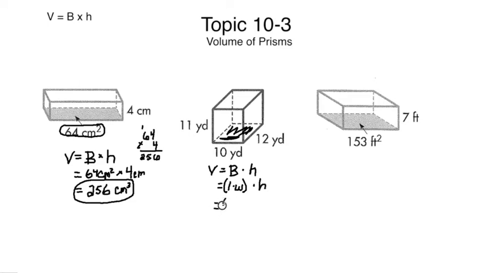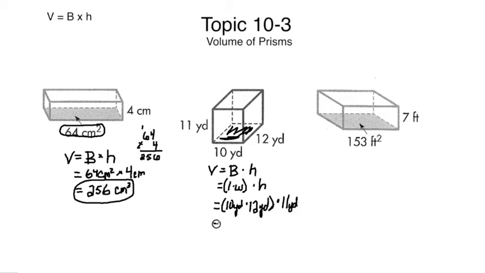So now I'm going to plug in 10 yards. You have to plug that in, times the width, which is 12 yards. Now we're going to plug in the height, which is 11 yards.